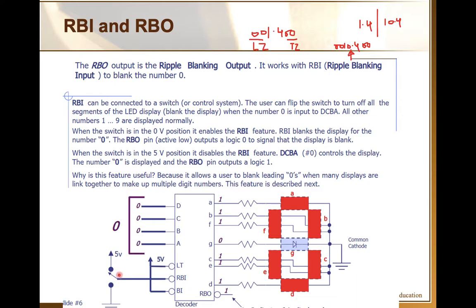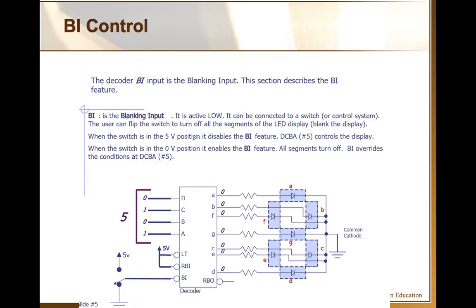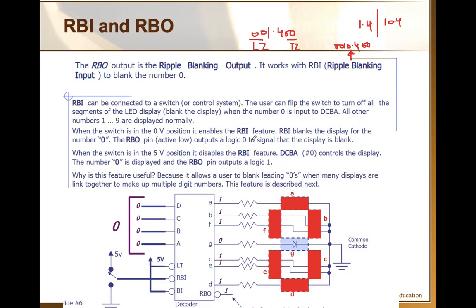So if RBI is 5 volts, a 0 will be displayed. However, if RBI is connected with ground, then this 0 will not be displayed. RBI blanks the display for the number 0 when the switch is in 0 position.